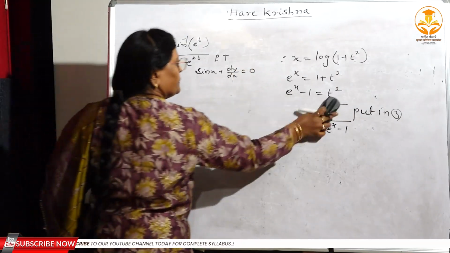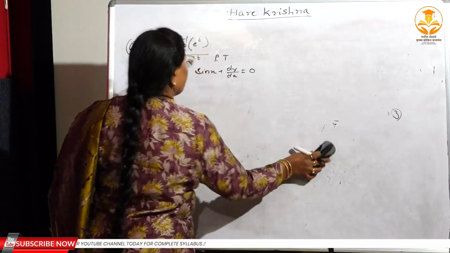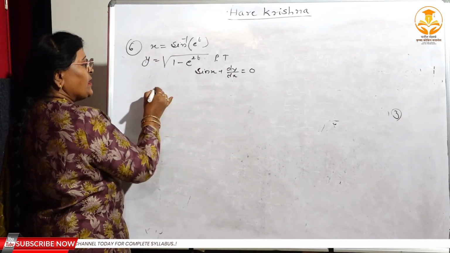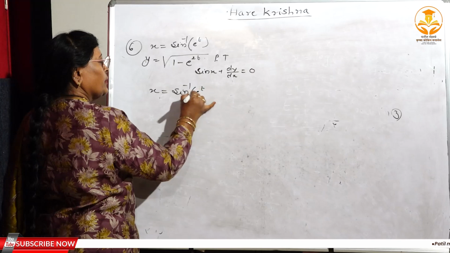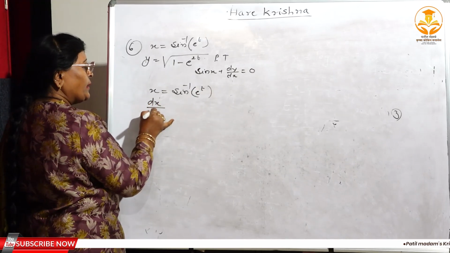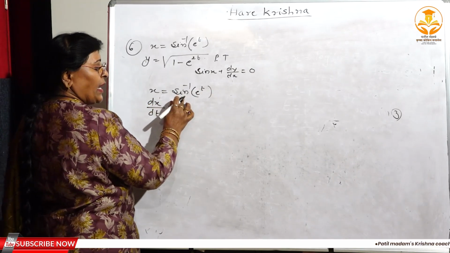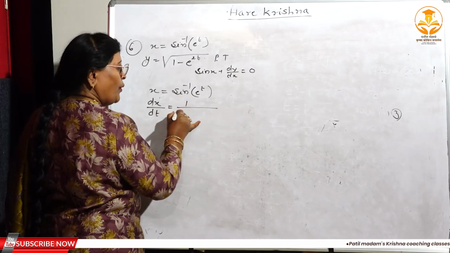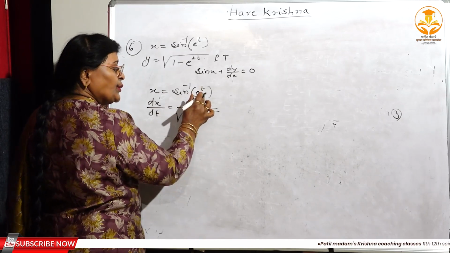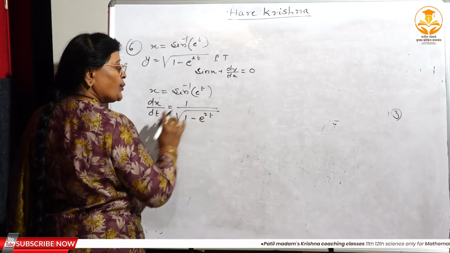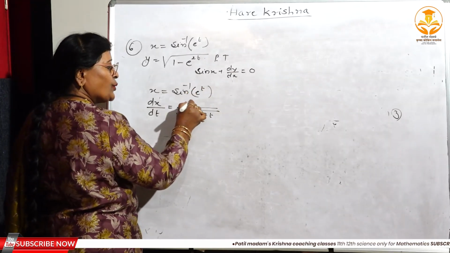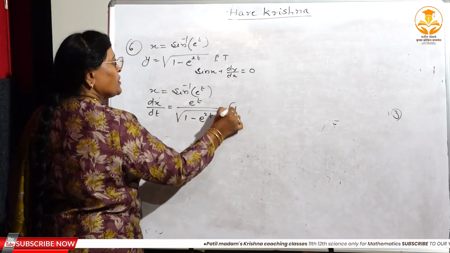No, see. Again x is a function of t, you can differentiate with respect to t. dx divided by dt, the derivative of sine inverse u is 1 upon root of 1 minus u square. The square of e to the power t is nothing but e raised to 2t. And the derivative of e raised to t is e raised to t. This is number 1.